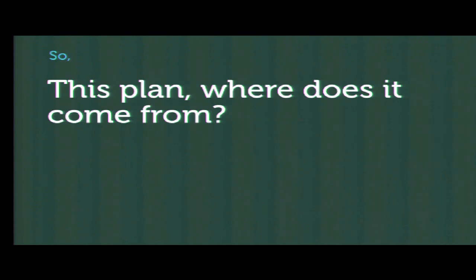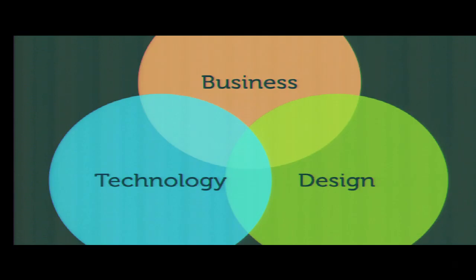So then the question comes, where does this plan come from? What is this question? What happened so that this input we got for design and build became the plan in the first place? So what happens before we get to designing and building a solution? What was this question?